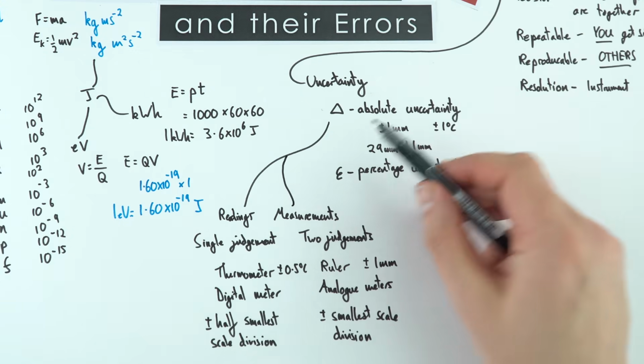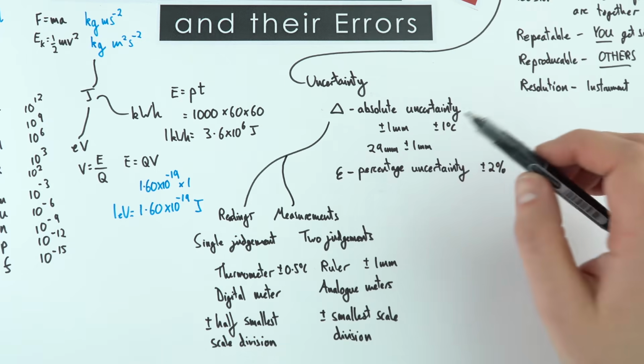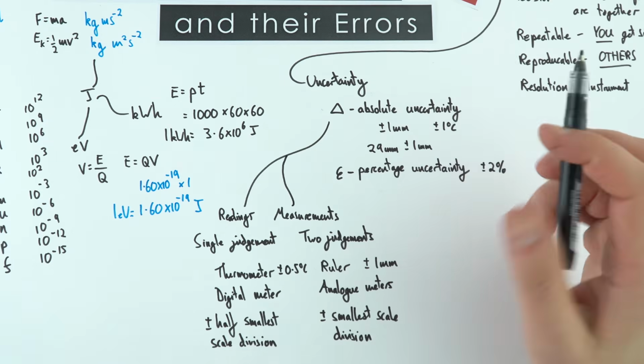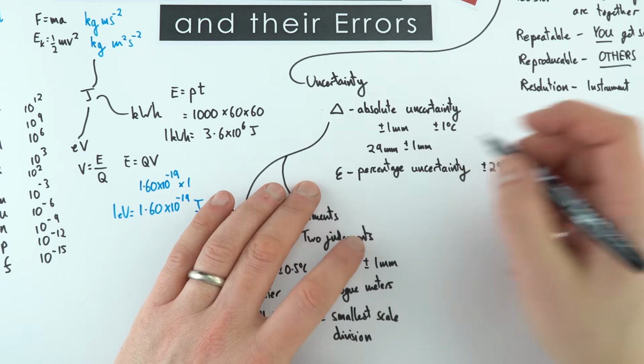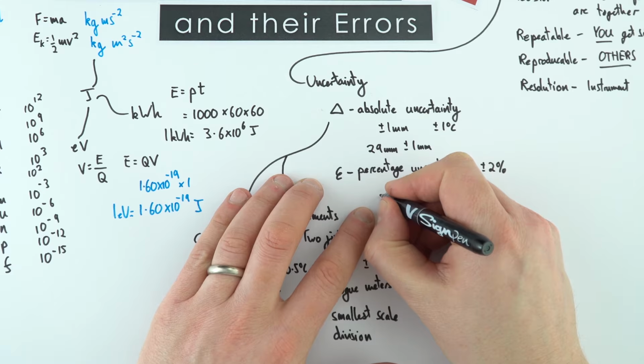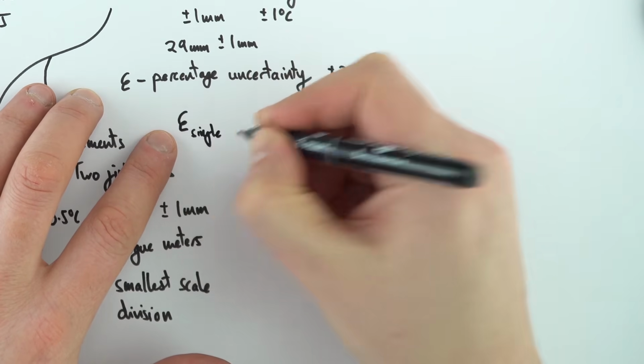So maybe we've looked at the absolute uncertainty in a piece of data. We can now start to work out the percentage uncertainty. Now, depending on the kind of data we've got, there are two different ways of doing that. So let's first of all think about if we want to look at the percentage uncertainty in a single reading.